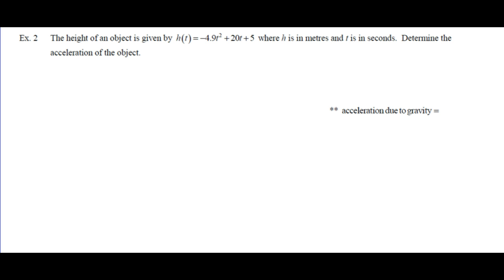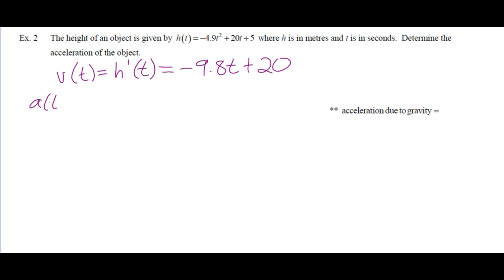First we find the velocity. So we can say v of t is equal to h prime of t, which is negative 9.8t plus 20. And then the acceleration, a of t, is equal to v prime of t, which is equal to h double prime of t, which is negative 9.8.